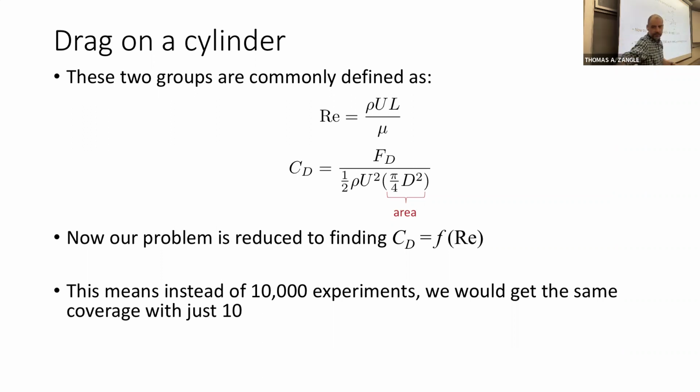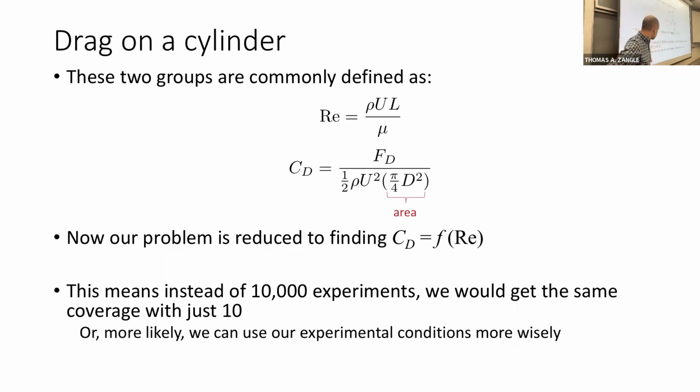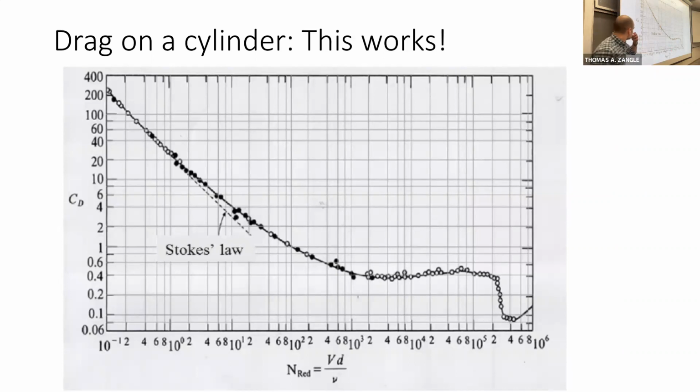And when we look at real data, this is what we see. This is coefficient of drag as a function of Reynolds number, across orders of magnitude in Reynolds number. This goes from Reynolds number 10 to the -1 up to 10 to the 6, and it really keeps going.